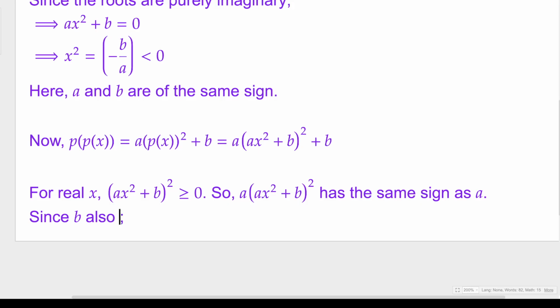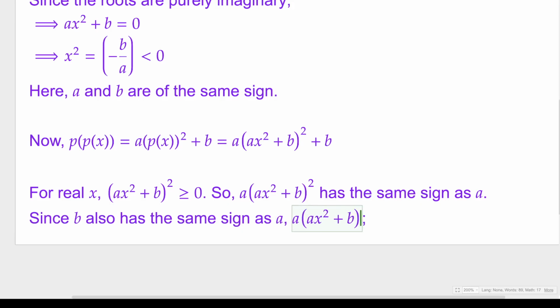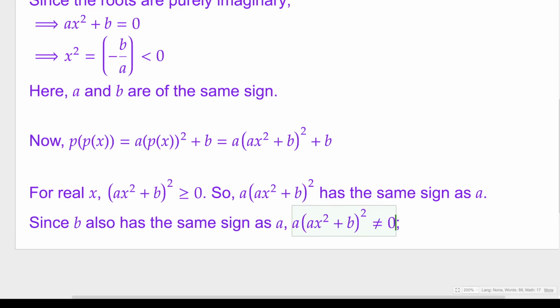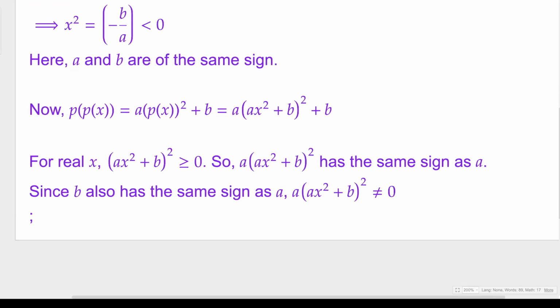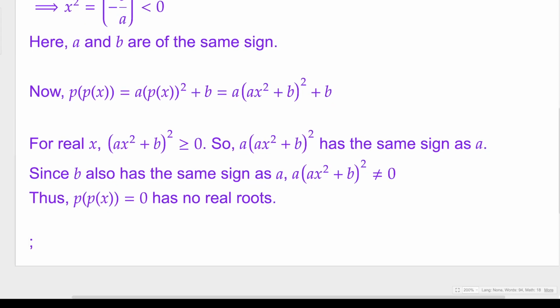Since b also has the same sign as a, which we have established here, this expression, a times ax square plus b whole squared, is definitely not equal to 0. Thus this p of p of x equal to 0 equation has no real roots. So this part is established here.